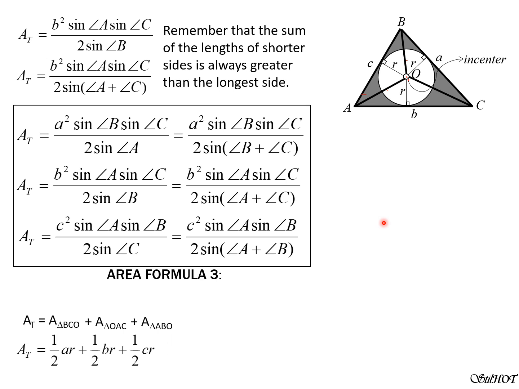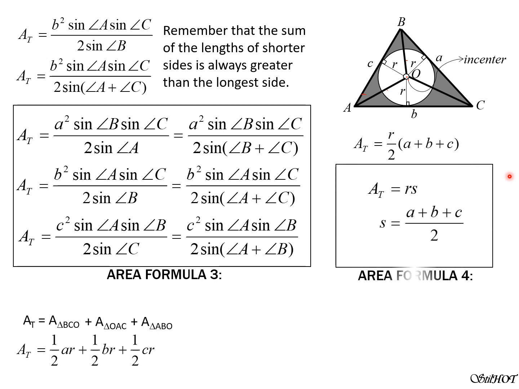Factoring out R over 2, then we'll have R over 2 times A plus B plus C. And since A plus B plus C over 2 is denoted with S, half the perimeter of the triangle, area equals RS, where S is A plus B plus C over 2. Call that area formula 4.